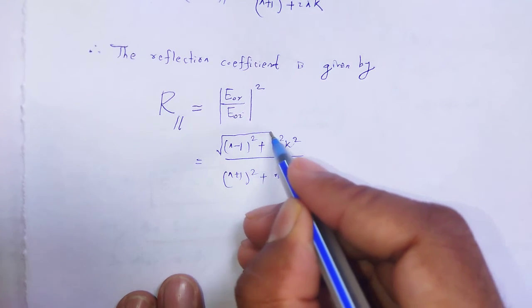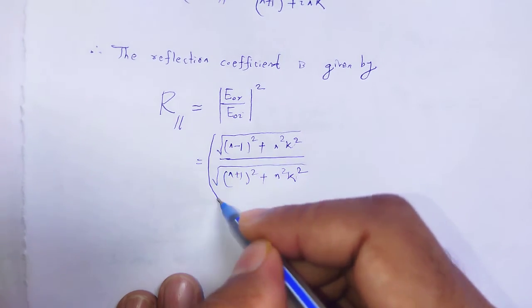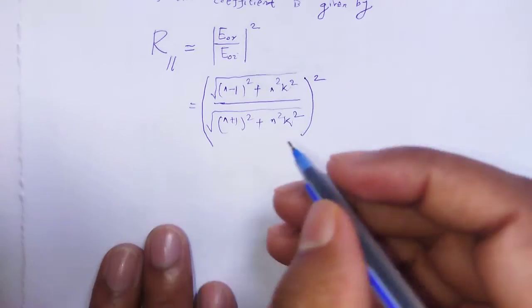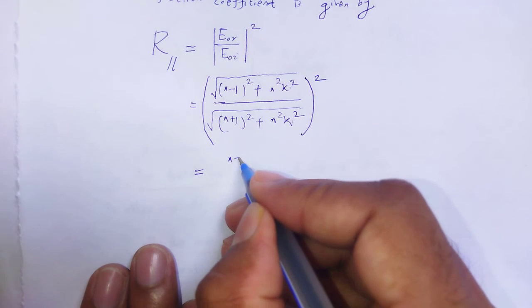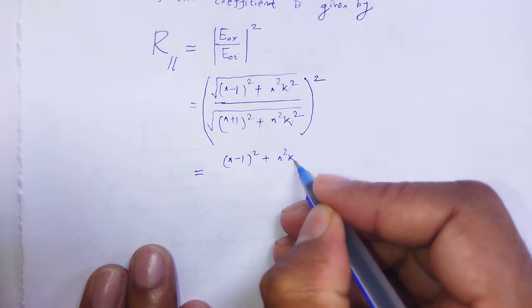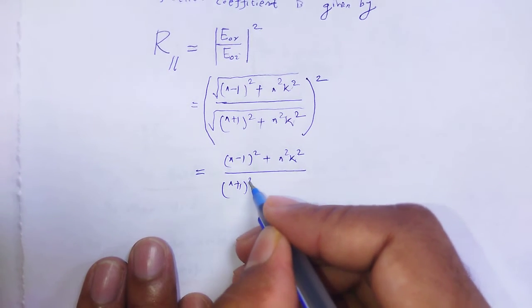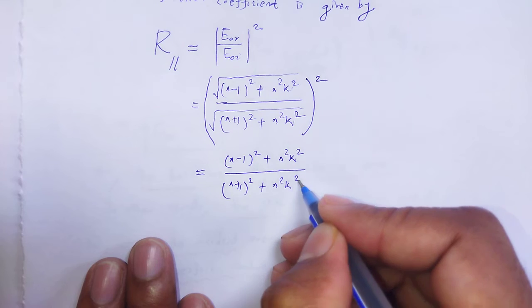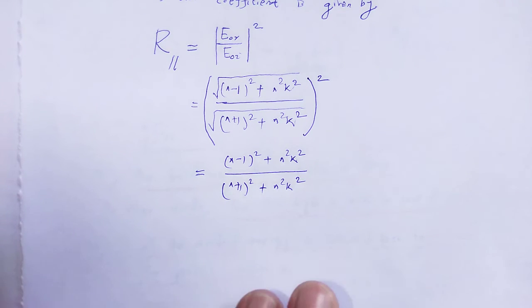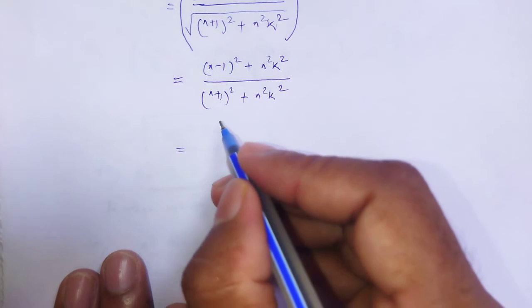So, only the terms under the roots are there, n square k square, n plus 1 whole square.